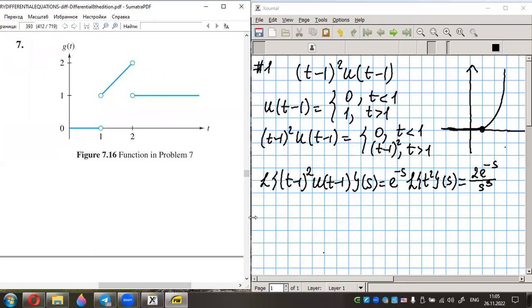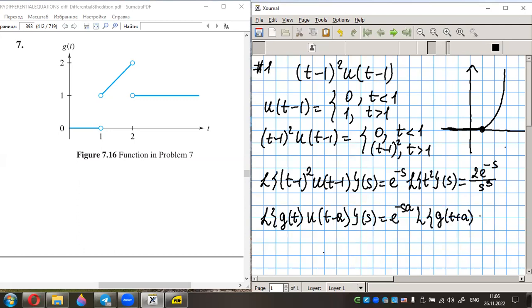Okay. We have here a formula. Just a minute. Let me write it. In the lecture, the professor gave you a formula: the Laplace of g(t) u(t minus a) at s is e to the minus s times a, times the Laplace of g(t plus a) at s.